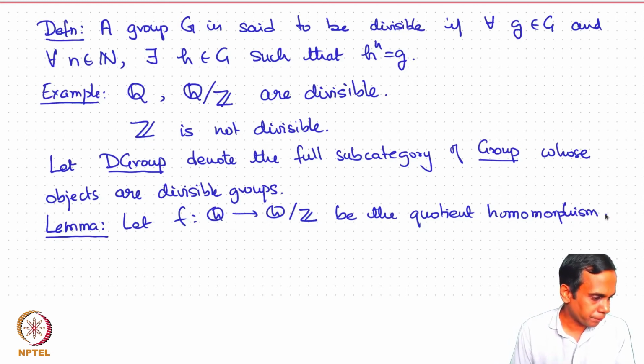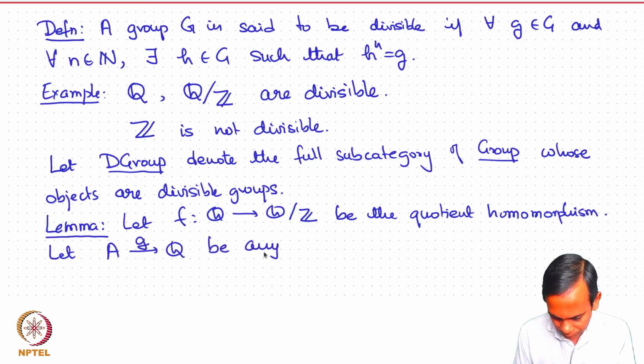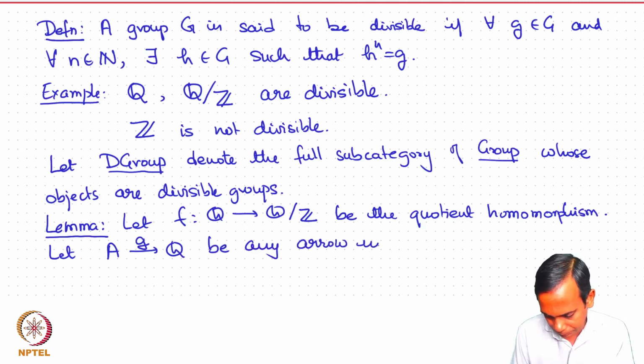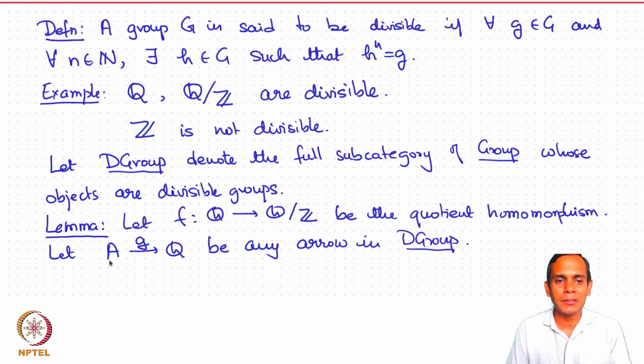Now let g from A to Q be any arrow. So this f is an arrow in D-Group, and let g be any arrow in D-Group. So in particular, that means that A is a divisible group and g is a group homomorphism.